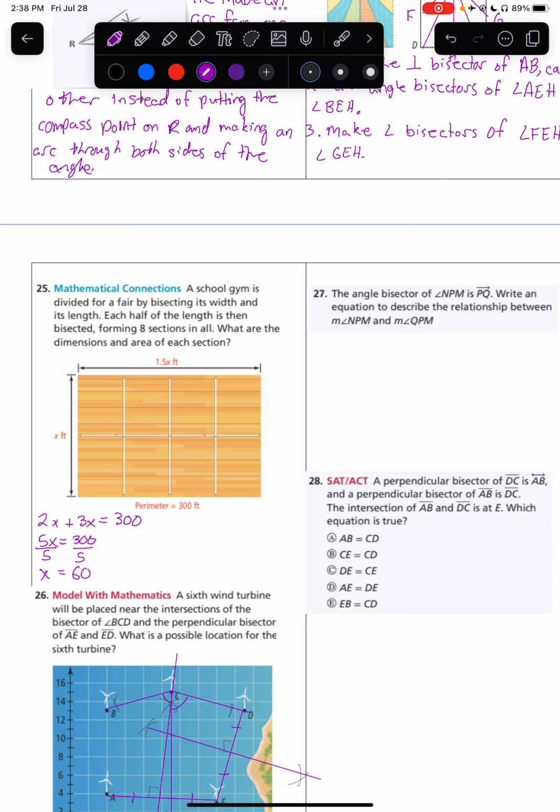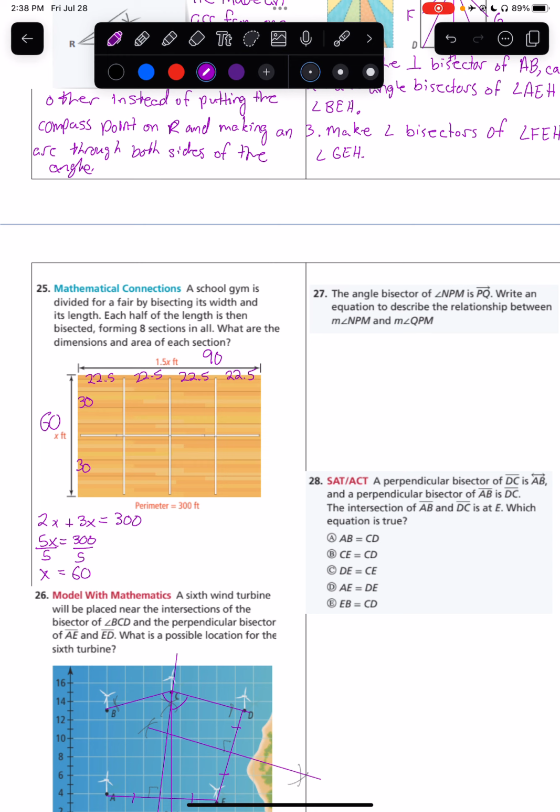So we can use that: 60 feet on this side, and 1.5 times 60 is 90 feet on this side. And then if this is split in half, that means we have a 30 plus 30. 90 split into 4 is going to be 22.5 for each of these. 22.5, 22.5.